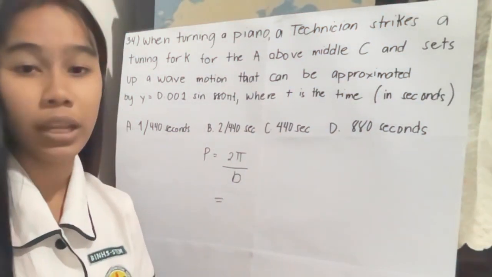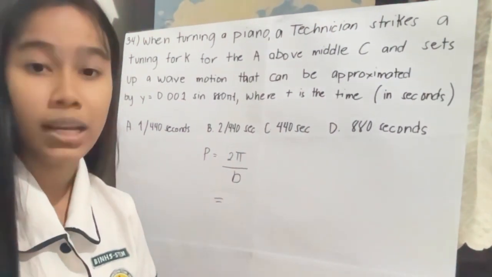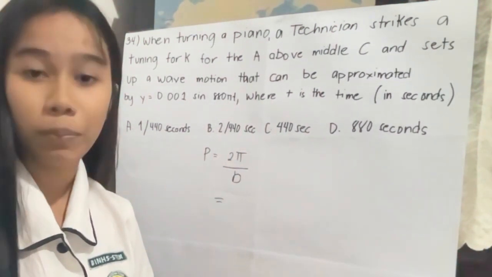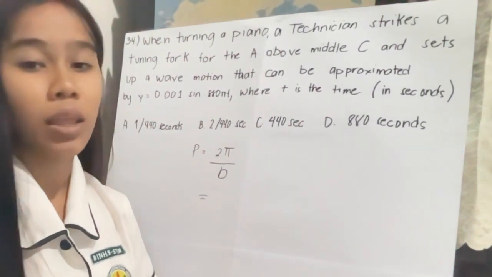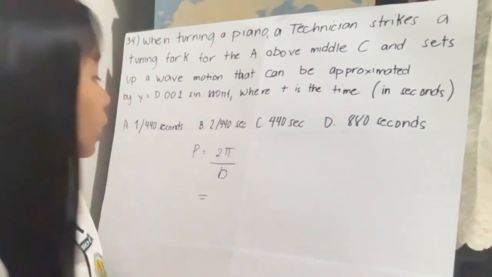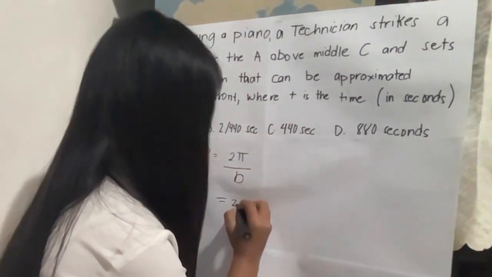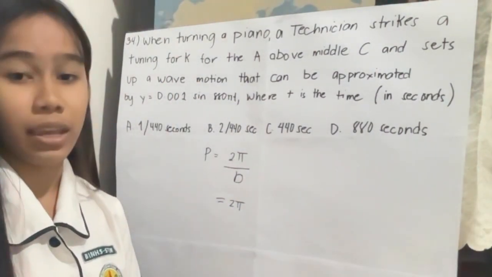This represents simple harmonic motion where y is the displacement, 0.001 is the amplitude, 880 pi is the angular frequency, and t is the time. The period of the wave denoted by T is given by T equals 2 pi over the angular frequency.